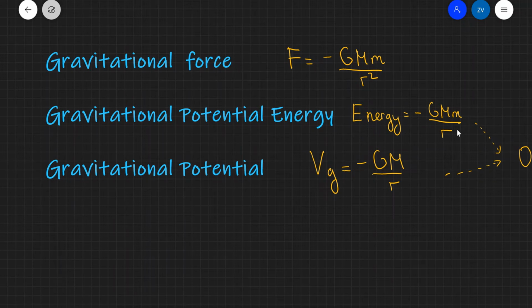The gravitational potential, which is almost like gravitational voltage, is actually equal to minus GM over r. So the gravitational potential is simply the energy per unit mass, really. Notice that between the two formulae, there's only a factor of m missing.